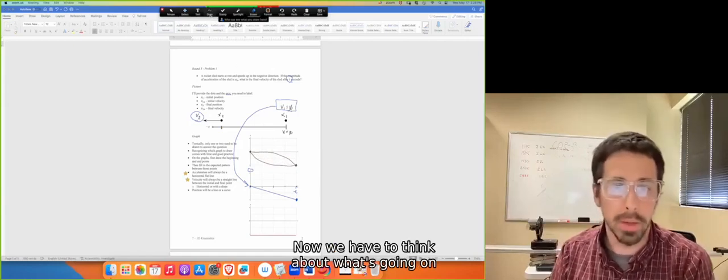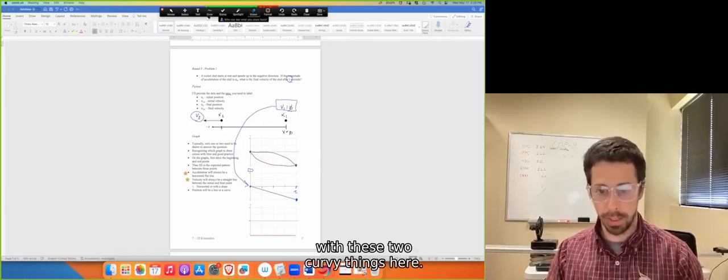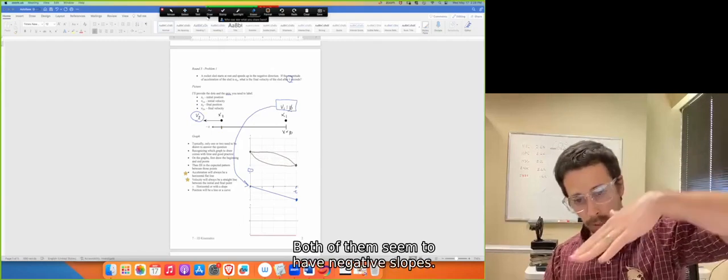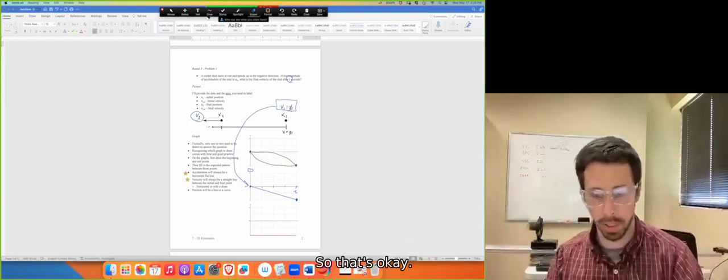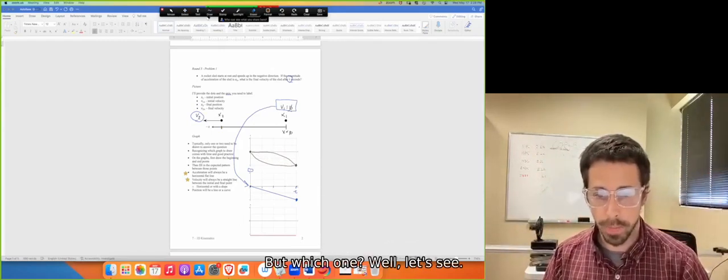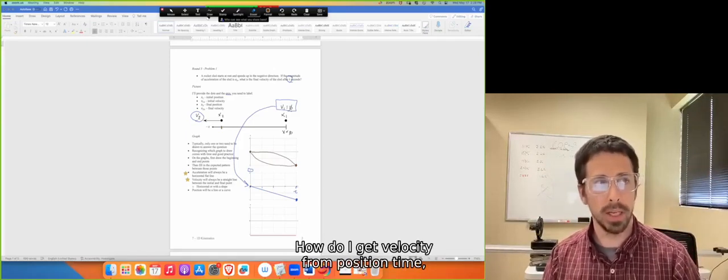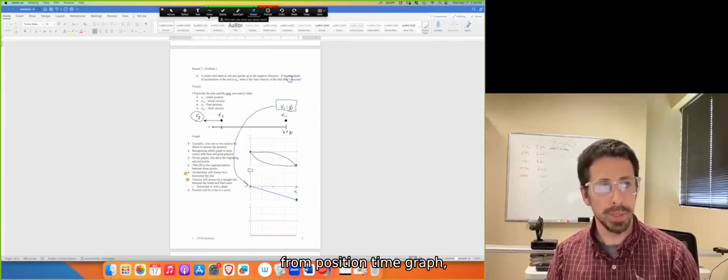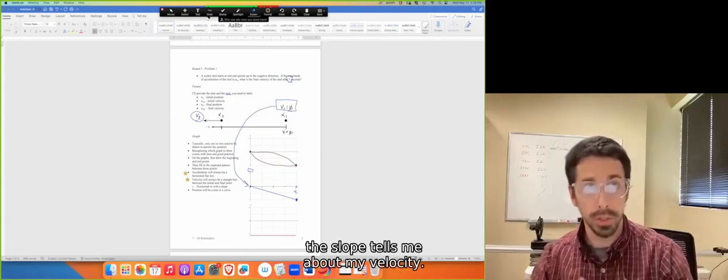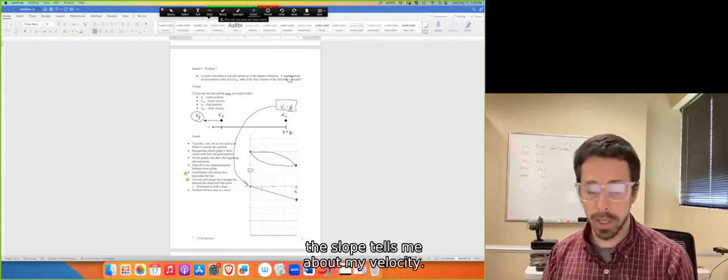So now we have to think about what's going on with these 2 curvy things here. Both of them seem to have negative slopes, so that's okay. But which one? Well, let's see. My velocity is increasing. How do I get velocity from position time? From a position time graph, the slope tells me about my velocity.